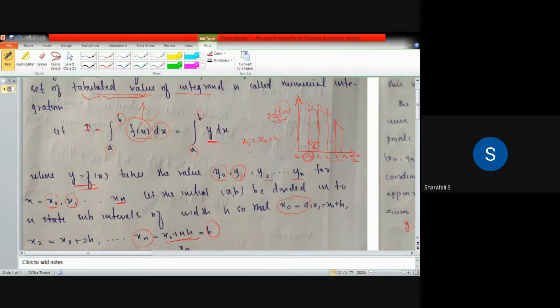And if you consider x2, x2 will be equal to x0 plus 2h, 2 times h. We are considering here equal intervals.